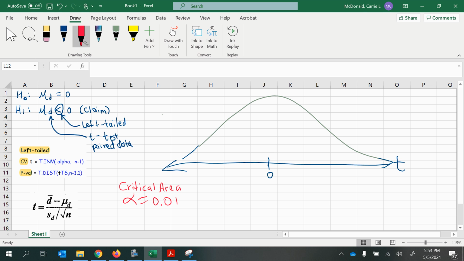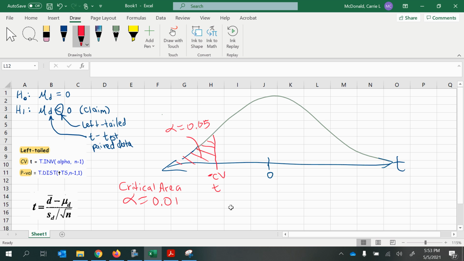And since this is a left-tailed test, we're going to draw it on the left side, to the left of 0, which means it's going to be a negative t-score, okay? And we'll find out what that value is by using the area alpha.